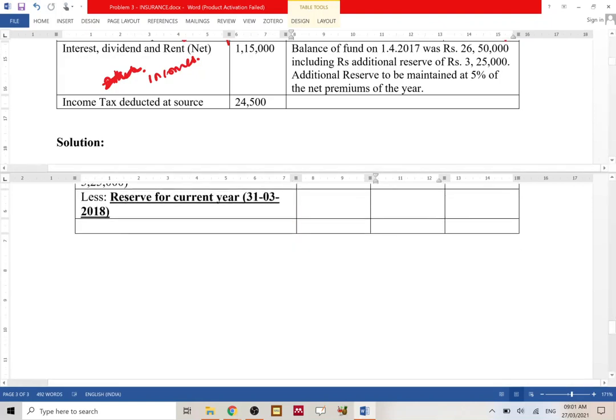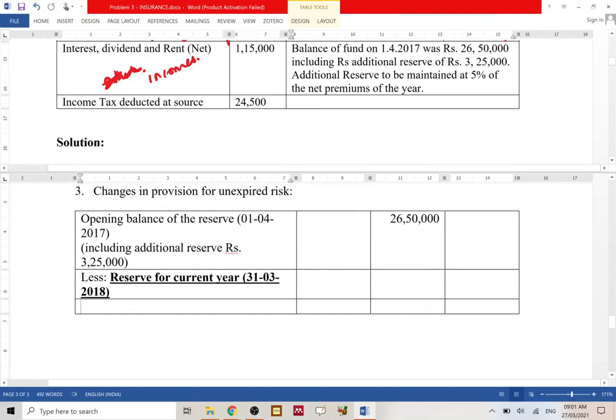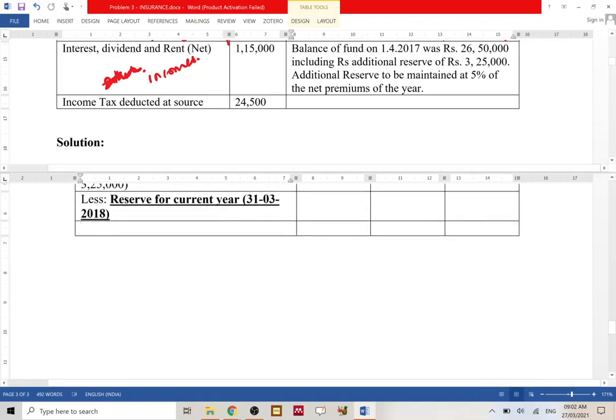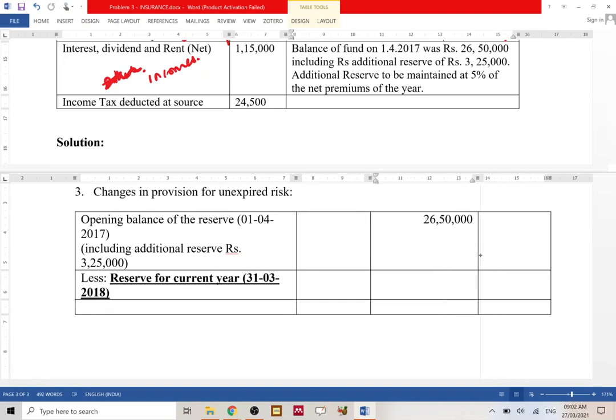Now understand that this whole opening balance includes two things: the actual reserve that insurance businesses are supposed to maintain as per the law, and some additional reserve that they themselves have maintained. Now what is this actual reserve, and if there is no percentage of the reserve given in the problem, how much are you supposed to consider?